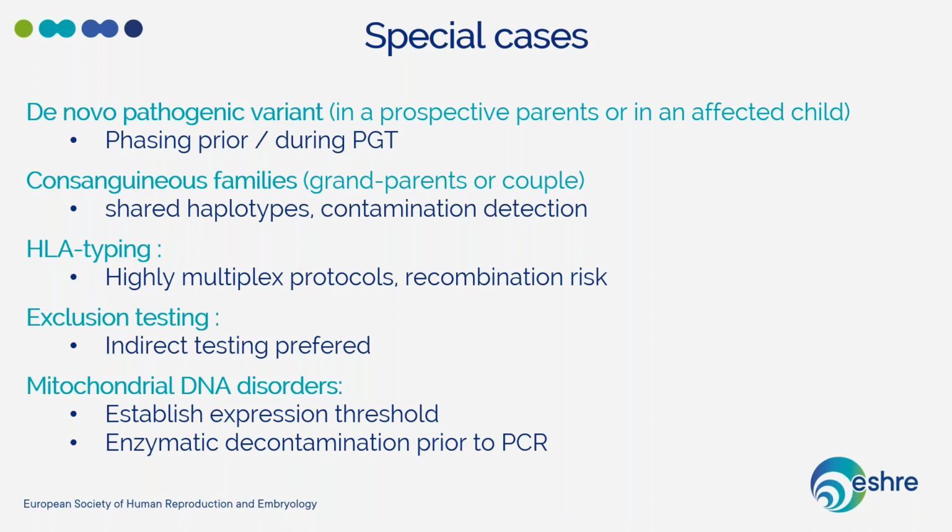HLA typing, where highly multiplex protocols are needed with a high risk of recombination. Exclusion testing, and mitochondrial disorders, where expression thresholds need to be established and enzymatic digestion is needed prior to PCR.